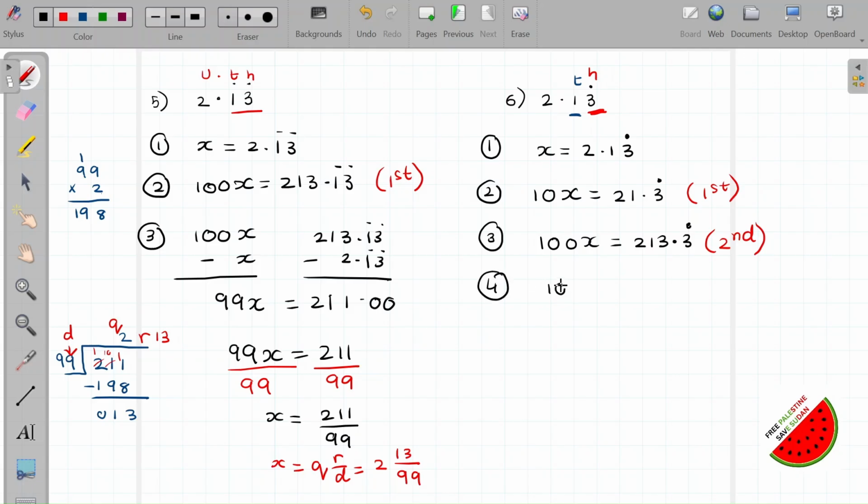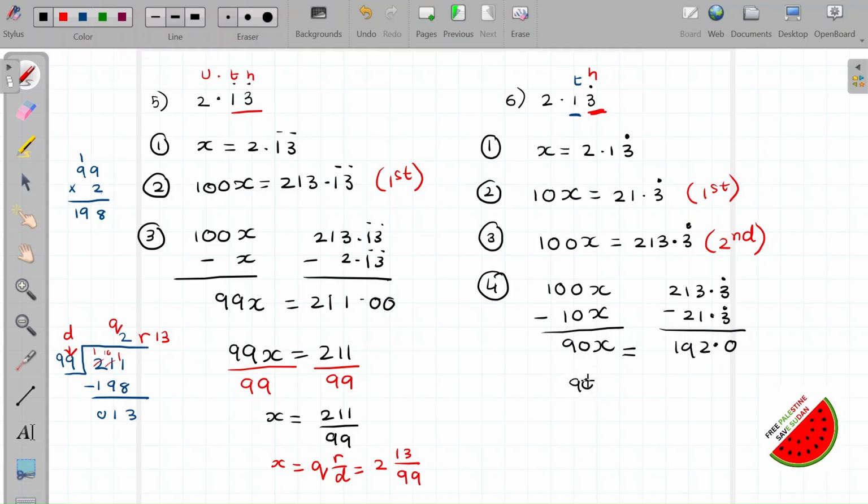So you do 100x minus 10x, which is 90x, equals 213.3 take away 21.3. The 2 recurring ones will cancel each other out. 3 take away 1 is 2. That'll be 19. So 90x is 192.